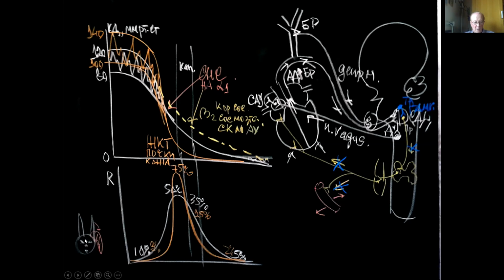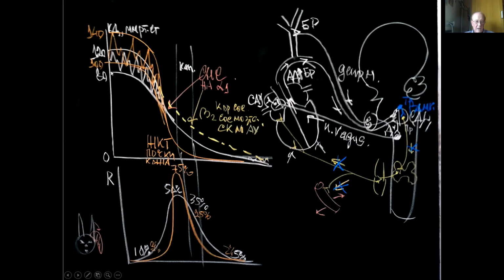In what part of the blood vessels does the sympathetic nervous system act? You see, this is the white curve. This is the normal distribution of the blood pressure in the different parts of the vascular bed.